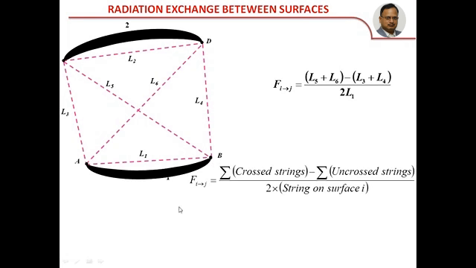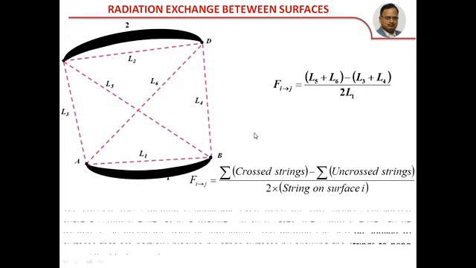Suppose I want to determine F2 to 1, then I have to take here 2 times L2, that's all.